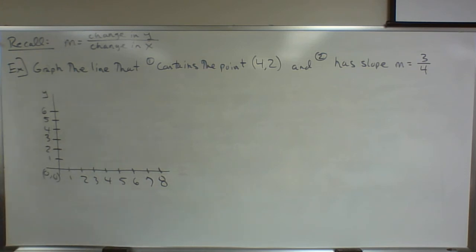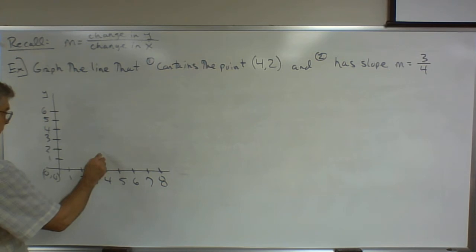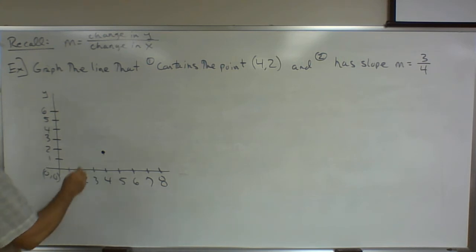Okay, that ought to be enough. And I'm going to graph the point with x coordinate 4 and y coordinate 2. So there it is right there. X equals 4, y equals 2. Here it is.